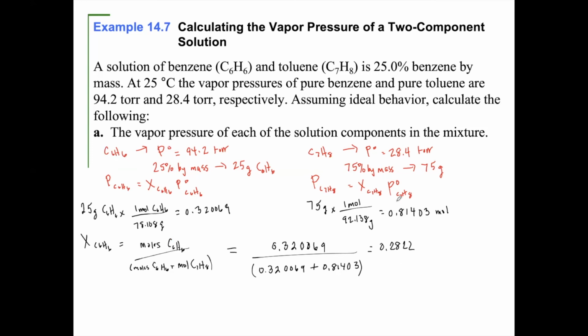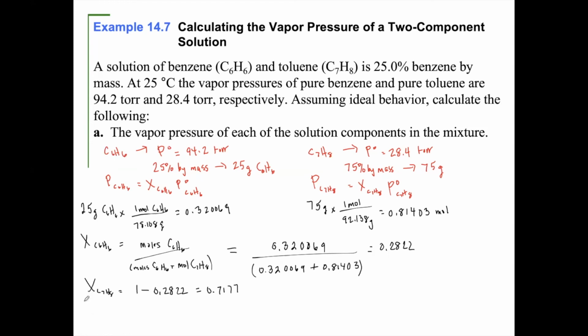Okay. Therefore, the mole fraction of the toluene is just 1 minus that, 0.7177.